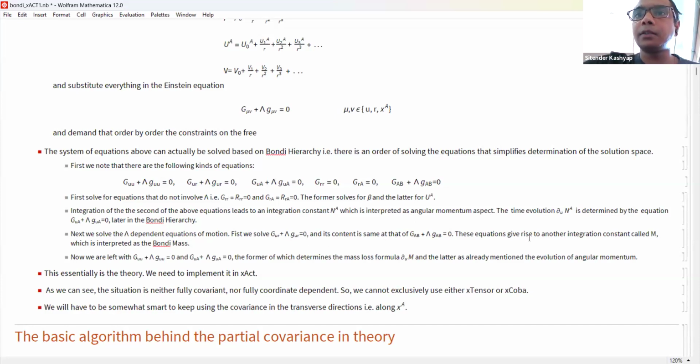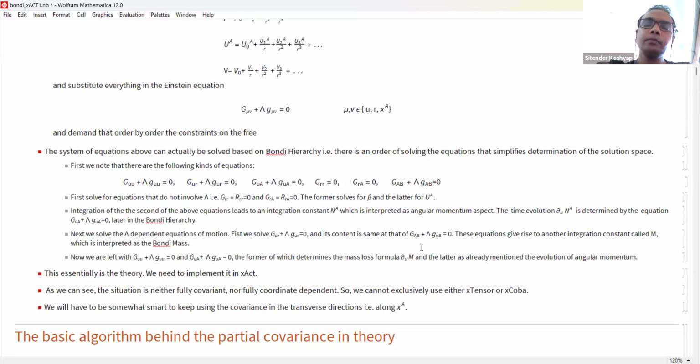But these equations give rise to another integration constant called M, which is interpreted as the Bondi mass. Finally, having dealt with two of these equations, we are left with just GUU and GUA. The former determines the mass loss formula, and the latter determines the evolution of angular momentum.